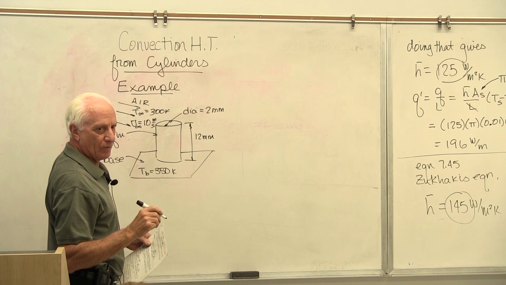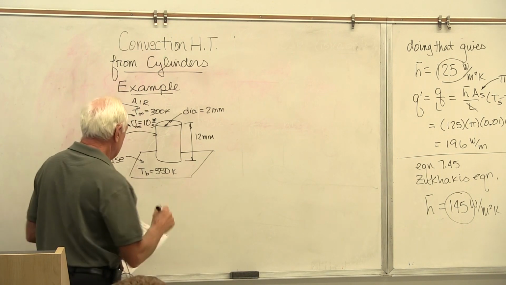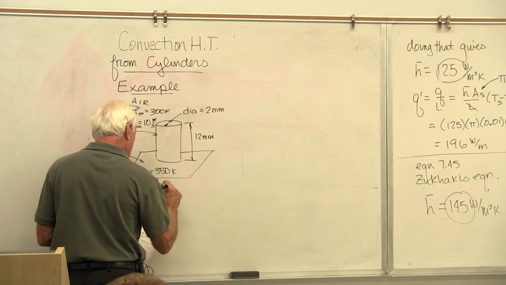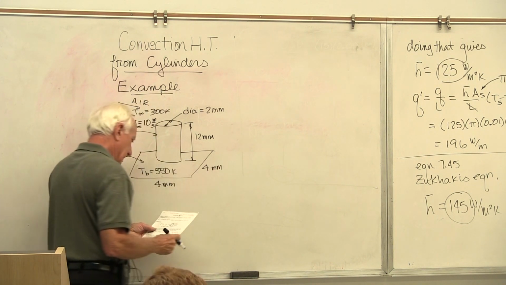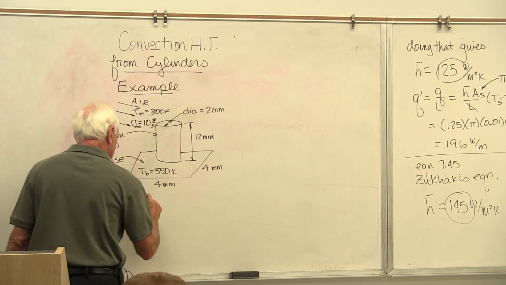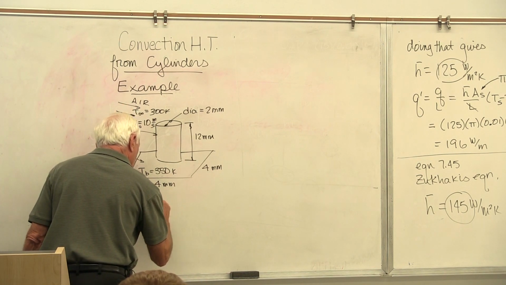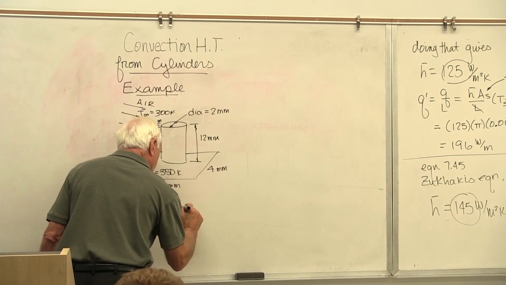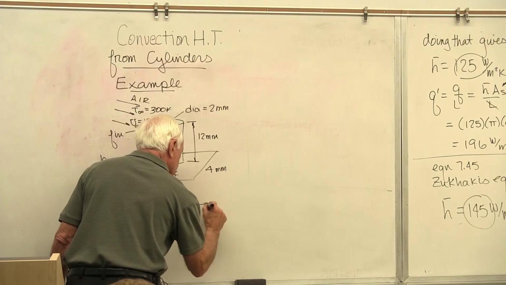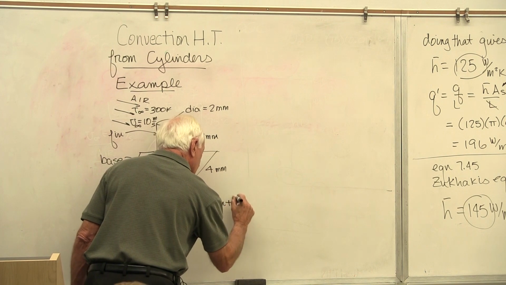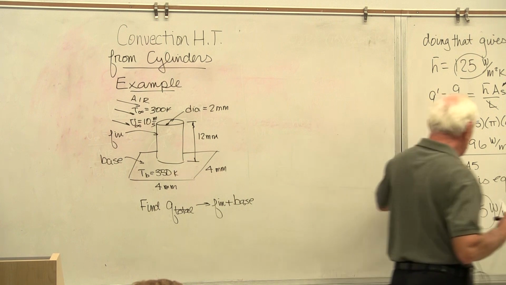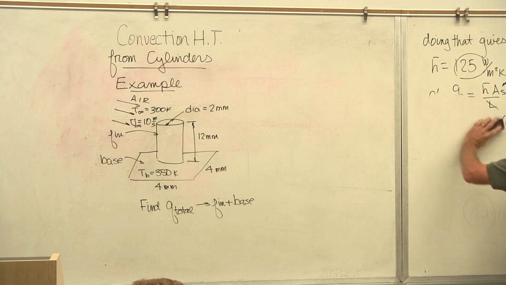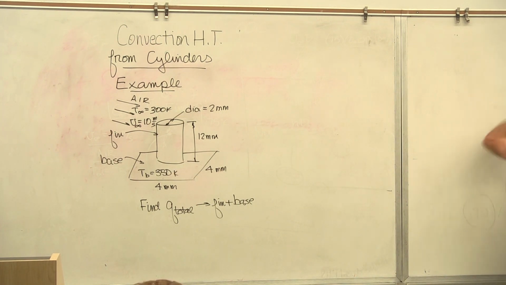So air blowing over a pin fin. The base of the pin fin is 4 millimeters on a side. It's a square base. And we're asked to find Q total, which is the fin plus the base. The total heat transfer from the fin and the base.